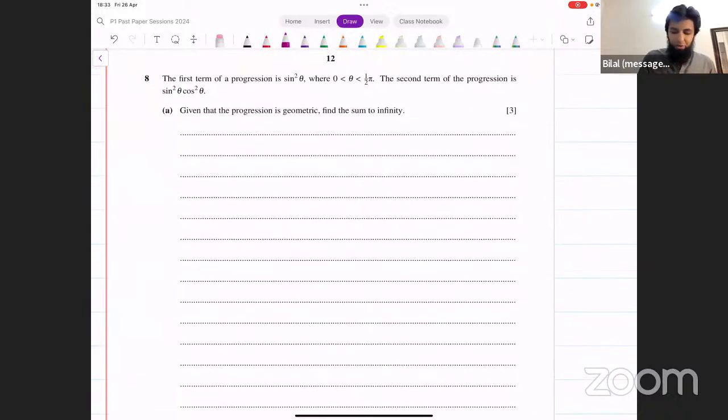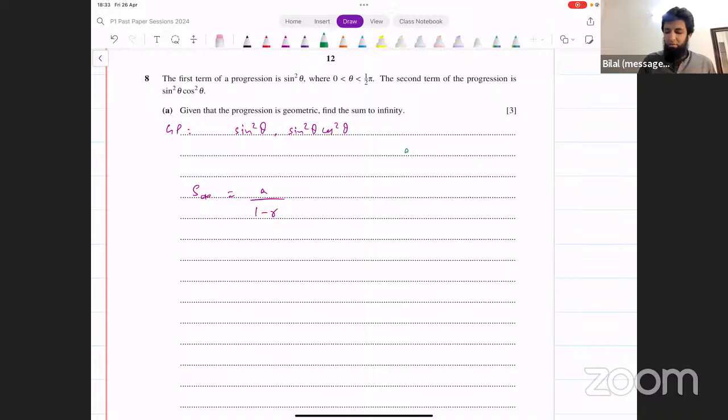Okay, so it's a geometric progression. And the first term is sine squared theta. The second term is sine squared theta into cos squared theta. We need to find the sum to infinity. What's the formula for sum to infinity? It's a over 1 minus r.